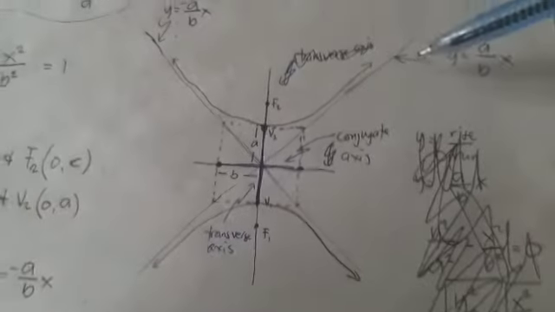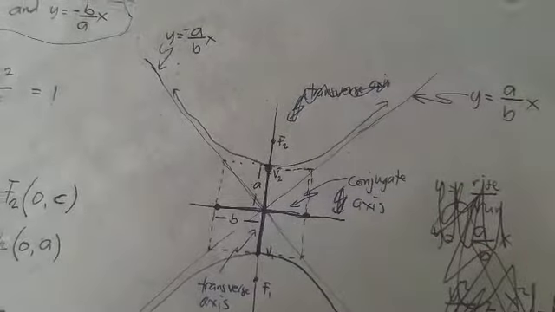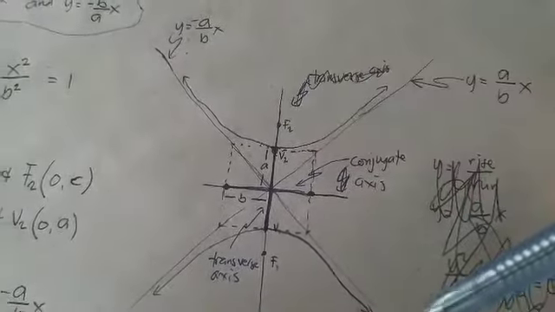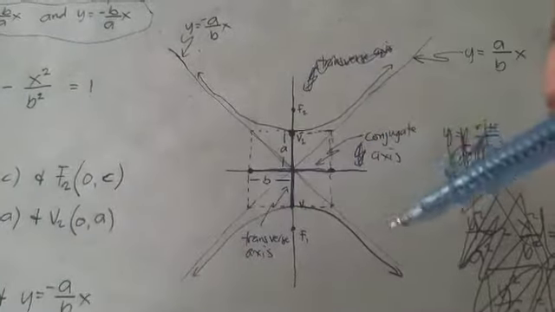This is our asymptote. And our graph will be like this, opening upward and opening downward.